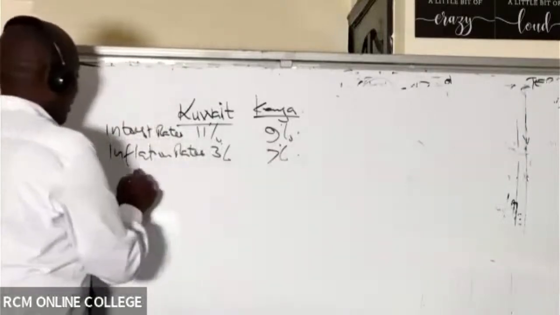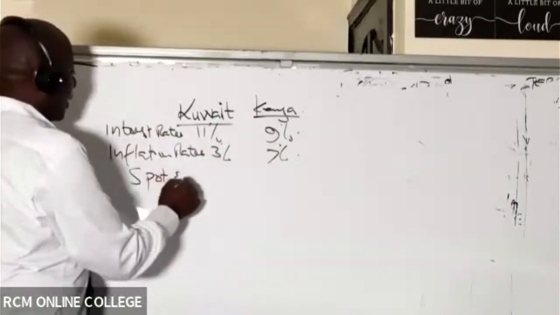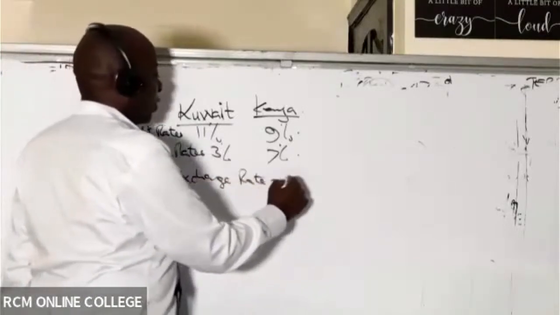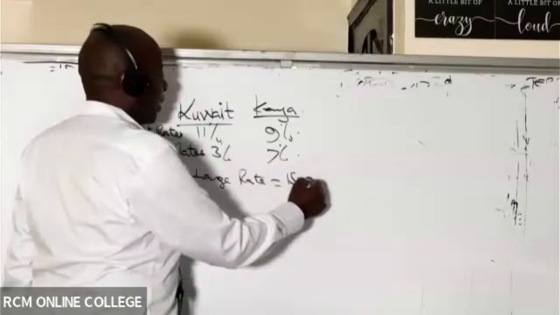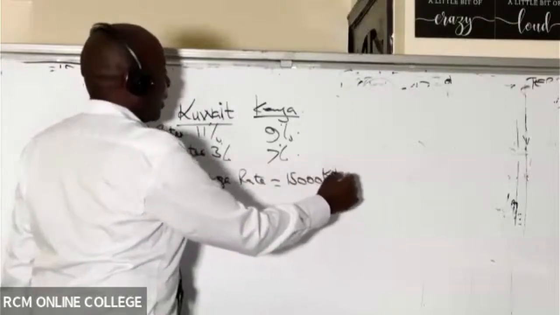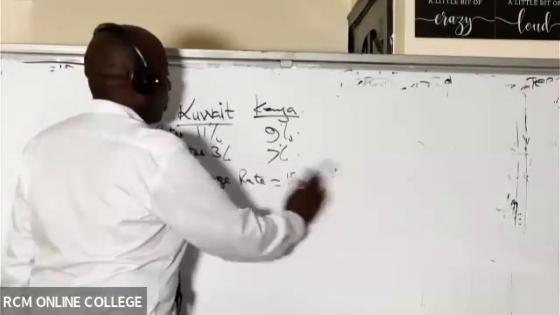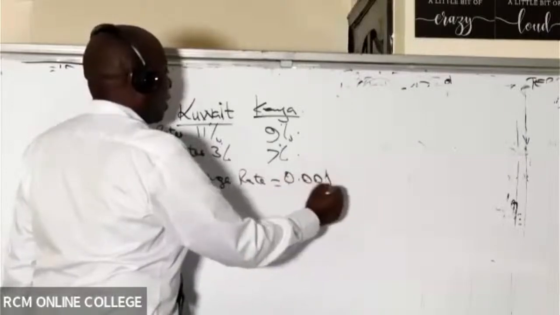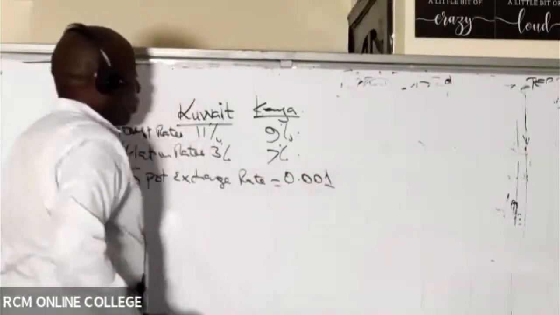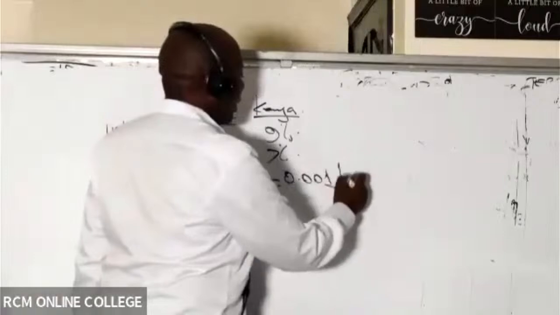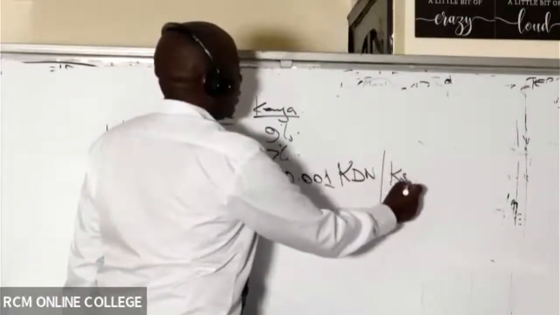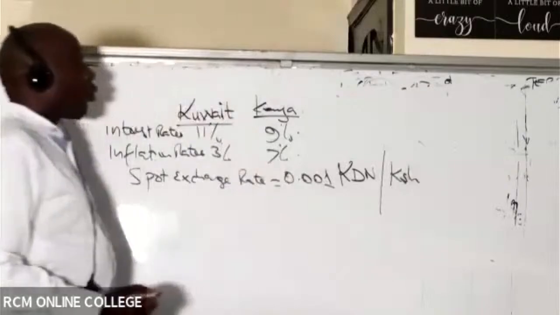And then they'll give you the spot exchange rate. The spot exchange rate is 0.001 Kuwait dinar per Kenya shilling.